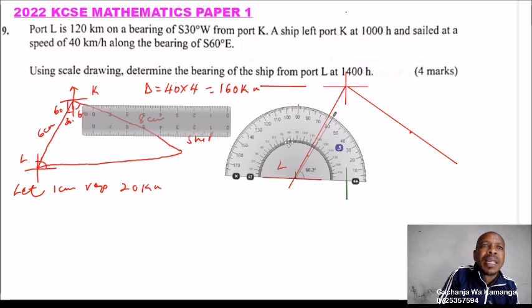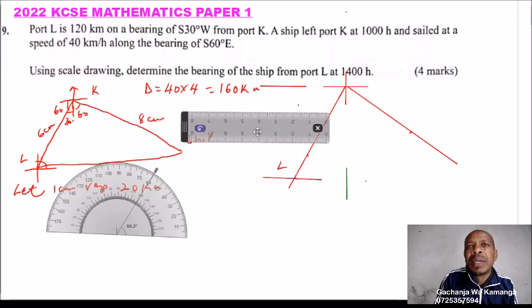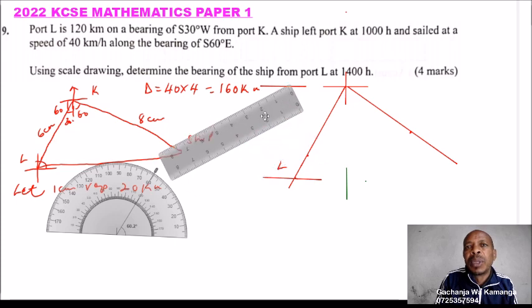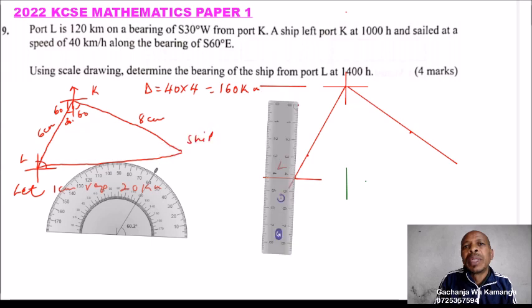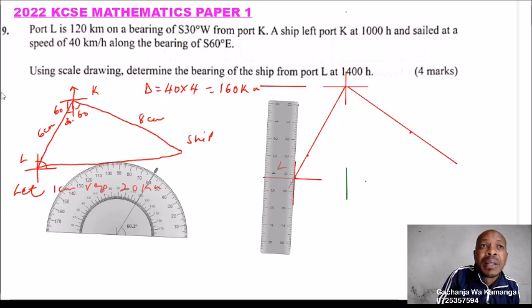From there, we can now take our ruler and get our point, get our line. This is a point that we have drawn, and we use that point to draw. Let's set it properly. We use that to draw our compass. So that is our L.